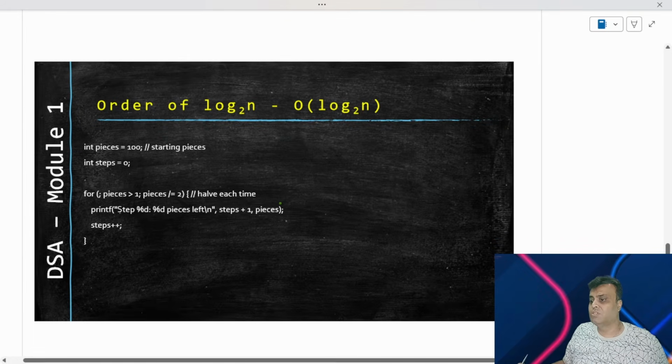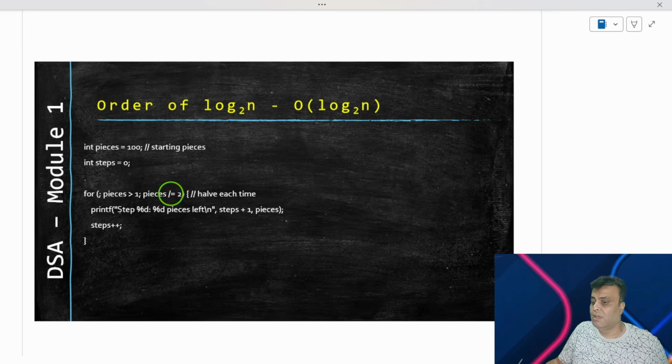This is also log base 2 of n, but instead of multiplying by 2 each time, we are dividing by 2. That's where I said be careful whenever you see things which influence the complexity class. Those 2 things are your comparison and your increment or decrement.